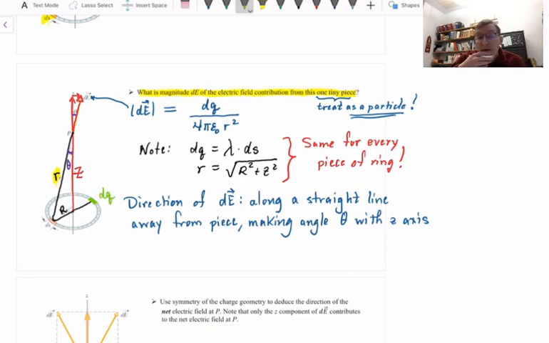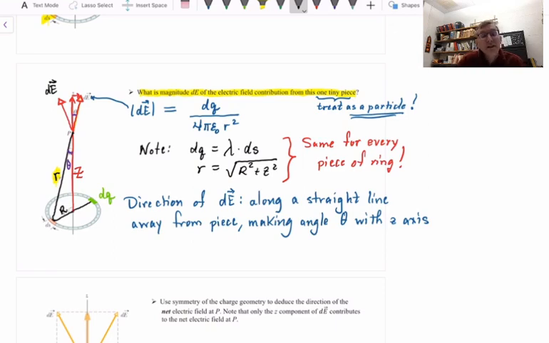Okay? I contend that it will produce an electric field that will point kind of up and to the left. I'll sketch it here. Like that. That's up and to the left compared to the dE from the first piece, which is up and to the right.